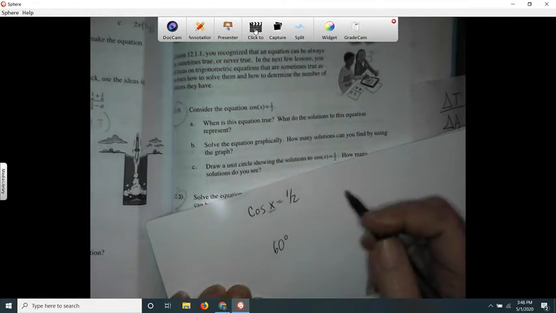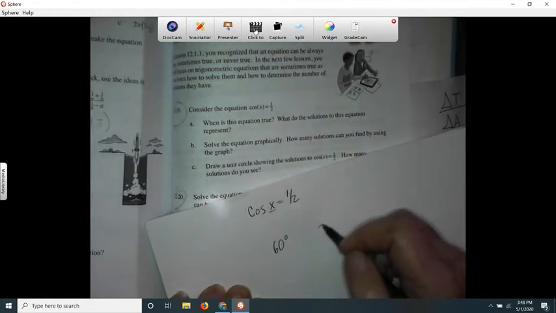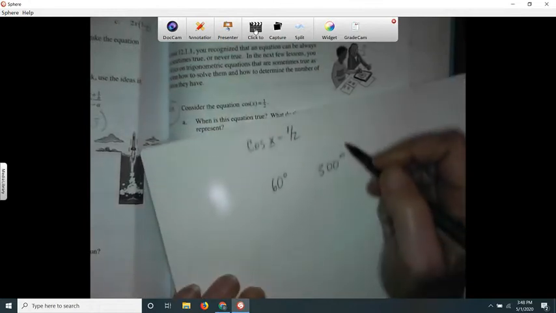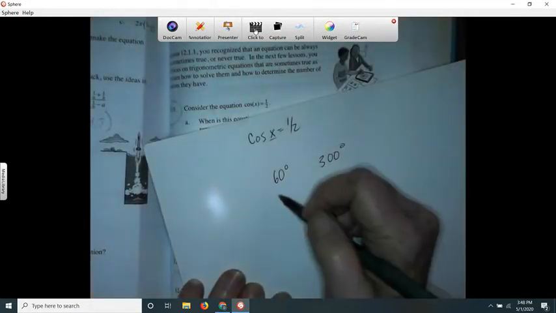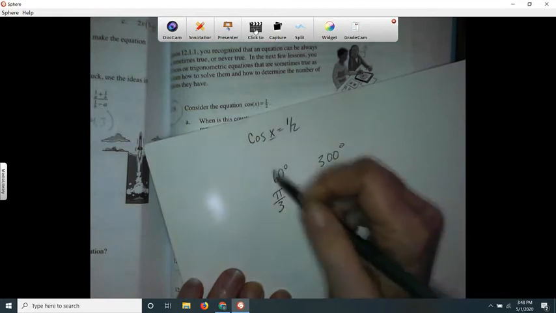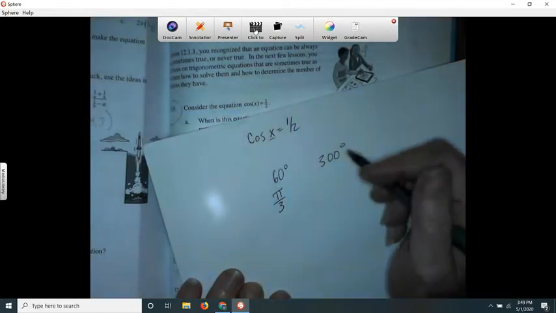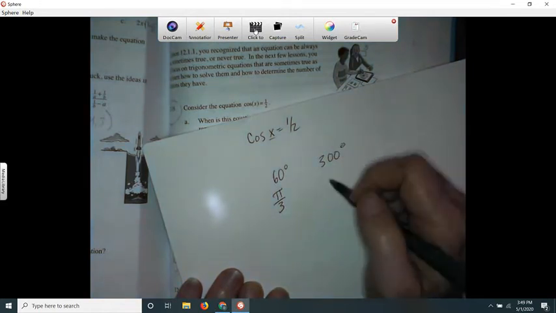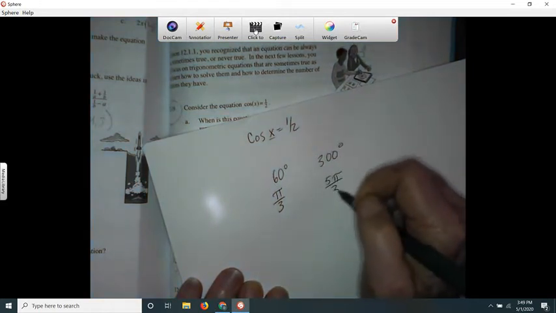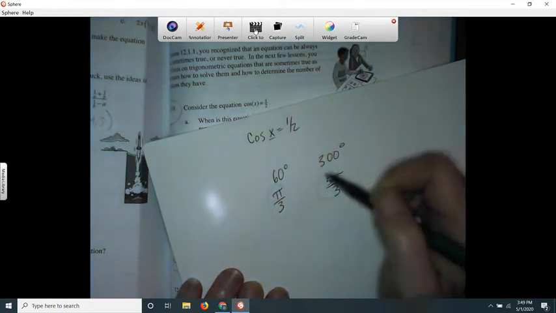We know it's equal to 300 degrees. We know 60 is the same as pi over 3, right? I should avoid the degrees because we've been doing radians. So just remember pi over 3 and 5 pi over 3.